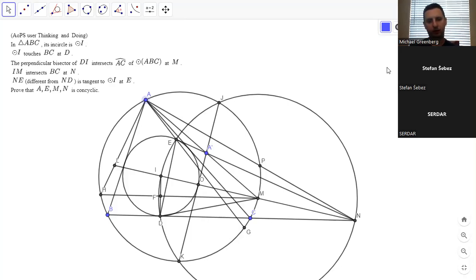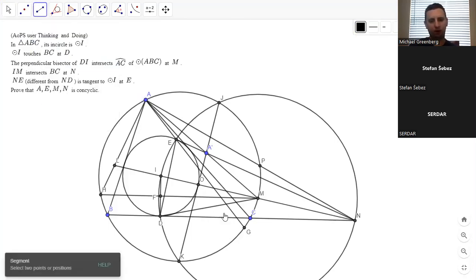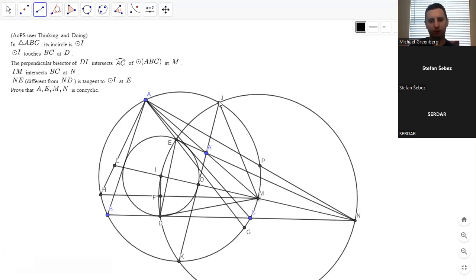Wait a second. So let's say I draw this segment. Then I draw, so you know M is the midpoint of arc JK, right? So if I draw this and this, then we know that angle MJA prime is equal to angle MAJ.